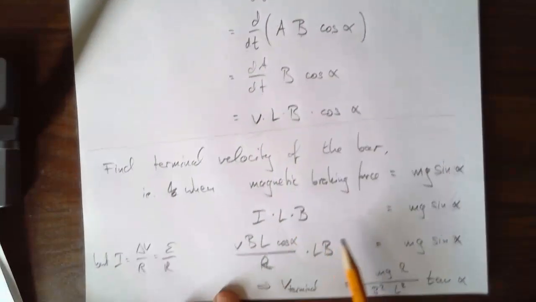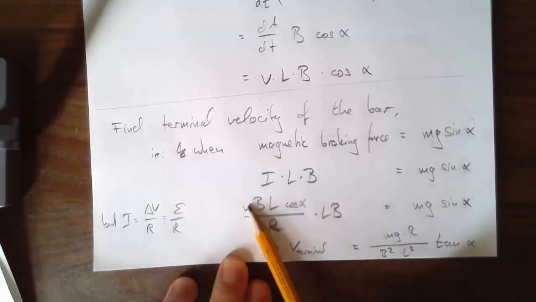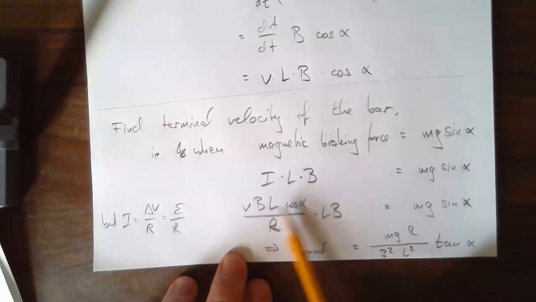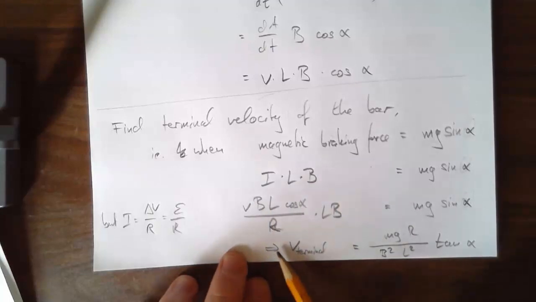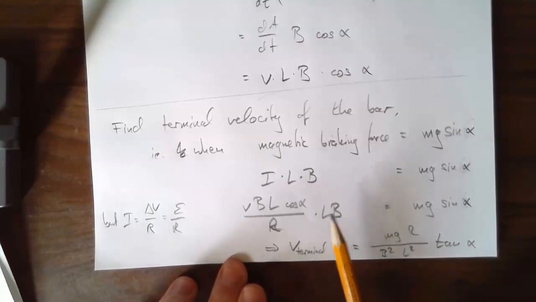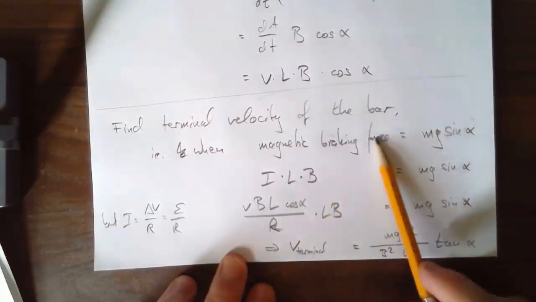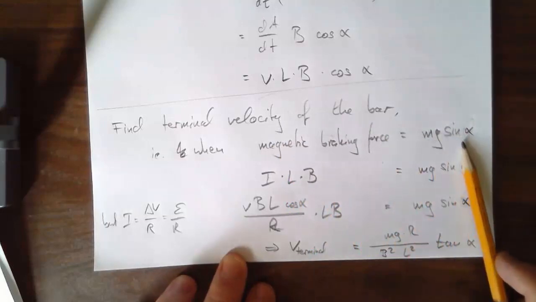But as this gets bigger, the magnetic braking force gets bigger because it depends on the speed. So the acceleration gets slower, and so it's still speeding up, but not as much. It keeps getting faster and faster until the magnetic braking force is so big that it equals mg sine alpha.